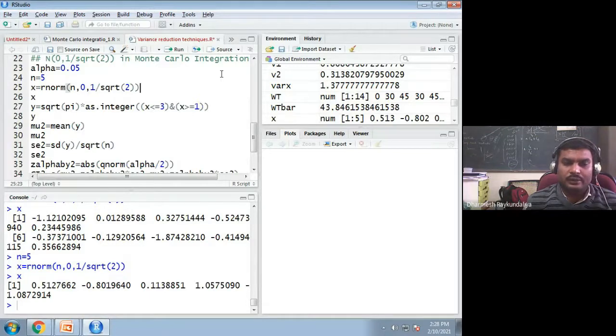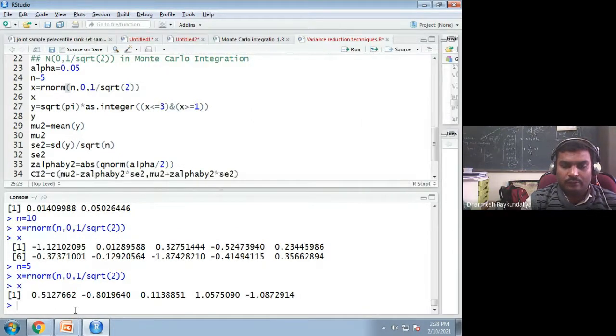So you can see this value. This is the value of x which we have taken from normal distribution with mean 0 and standard deviation 1 upon root 2, or variance you can say 1 by 2. Then I am trying to see whether the first observation is less than 3 and greater than 1, so here 1 will come, and here you get 0. Why? Because it is a minus.